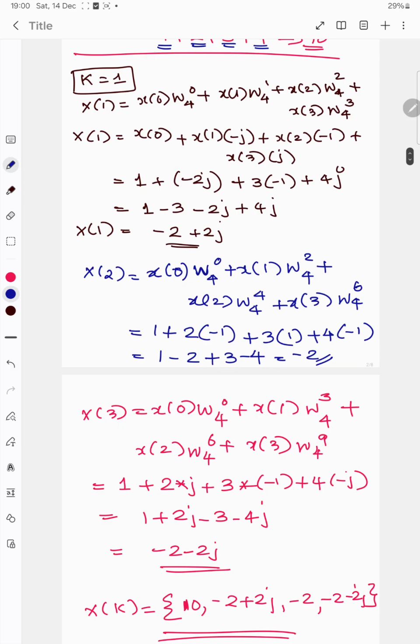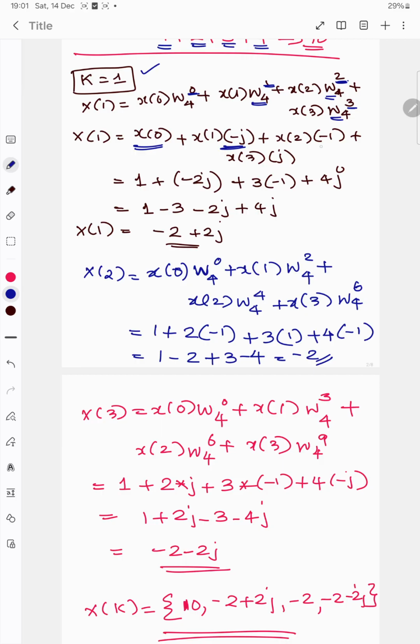The next case, we substitute k equal to 1. Wherever k is there, we substitute 1. So this value is originally 0, but here it is 1k, so this becomes 1. Here it is 2k, so this becomes 2. This was 3k, so this becomes 3. Now these parameters, W4 square, W4 to the power 3, can be directly obtained from the twiddle factor table, and by substituting these values we have minus j here.